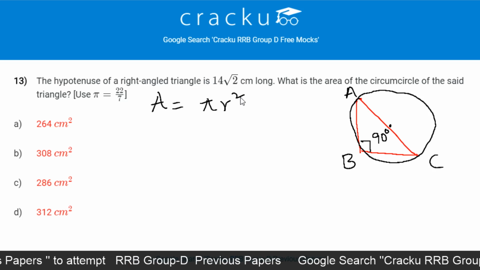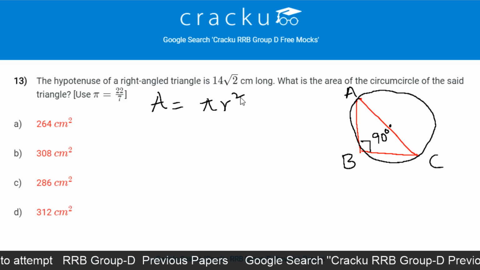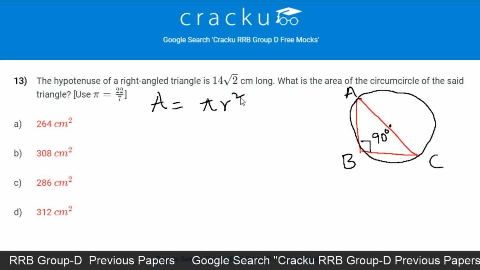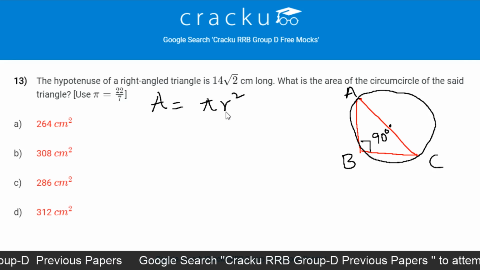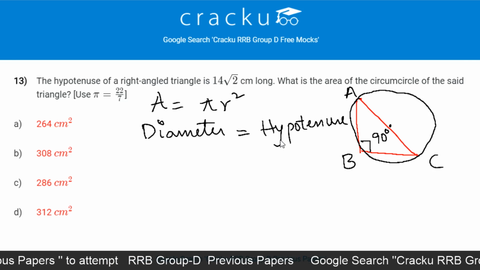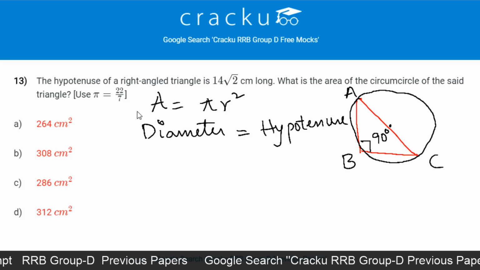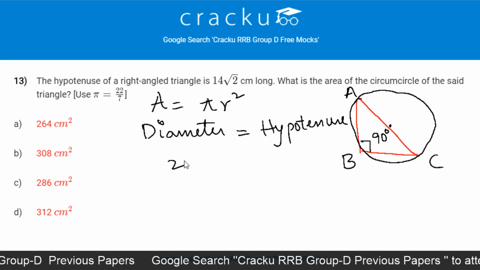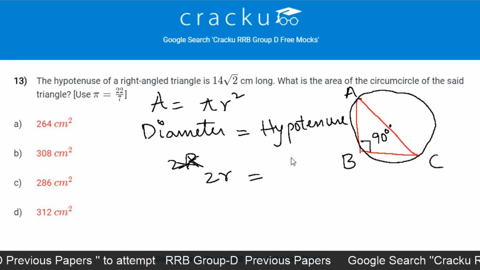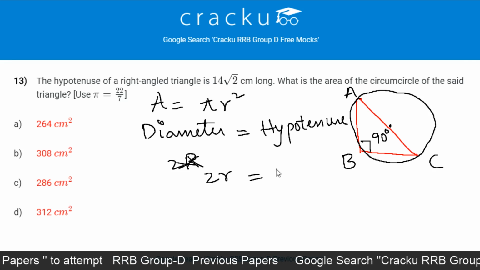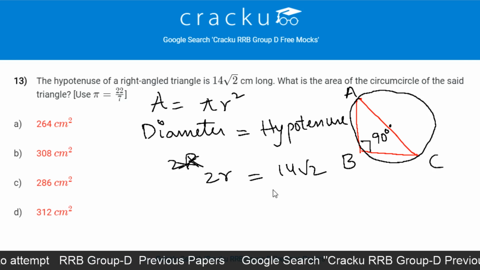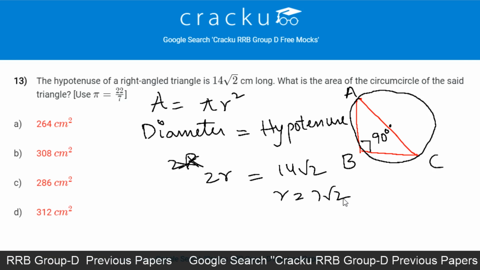So how do you find the area of the circumcircle of this triangle? It is equal to pi r square. Here the diameter is equal to the hypotenuse. Diameter, that is 2r, is equal to the hypotenuse, which is given as 14 root 2. That means r is 7 root 2.